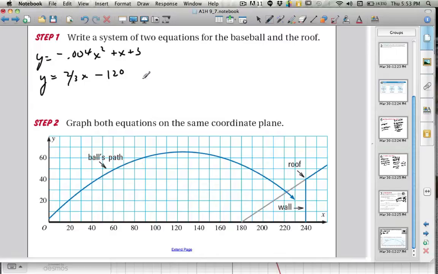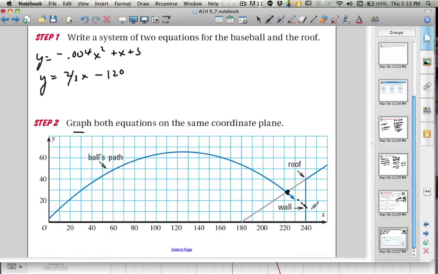And if I wanted to go ahead and solve this through, I could find out where the ball intersects. But in this case, what we wanted to do is graph both of them. And you see here's the graph of the ball's path, here's the graph of the roof, and you see their intersecting point is here where the roof doesn't exist. Okay, so it's at 220 feet, but the roof doesn't start until 240. Okay, so I can tell that the ball does not hit the roof.